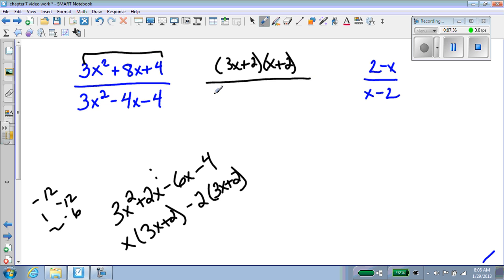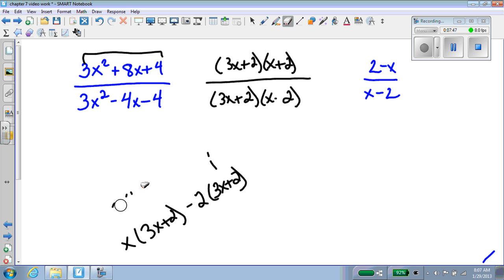So my denominator is 3x plus 2 with x minus 2. Let's get rid of all this.